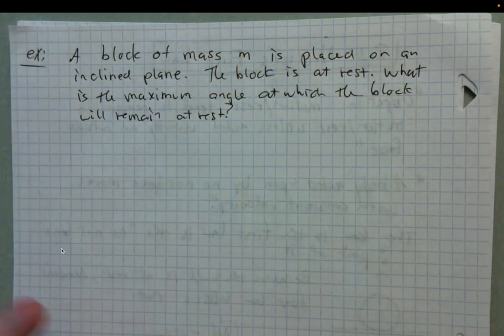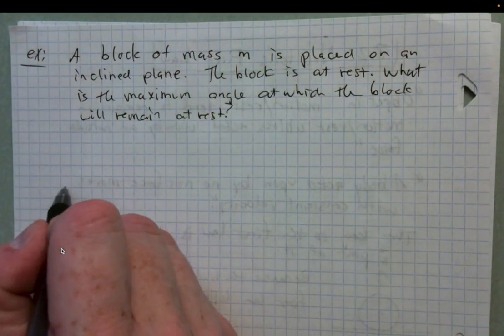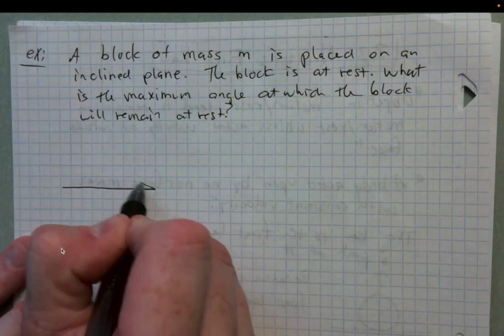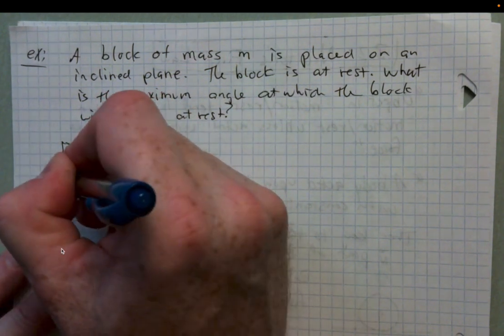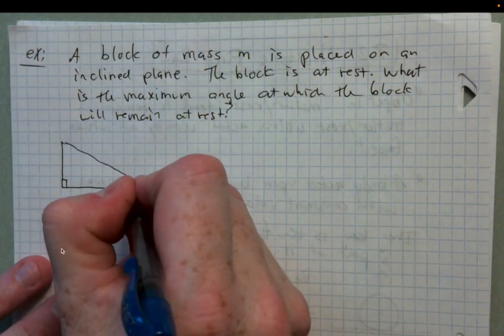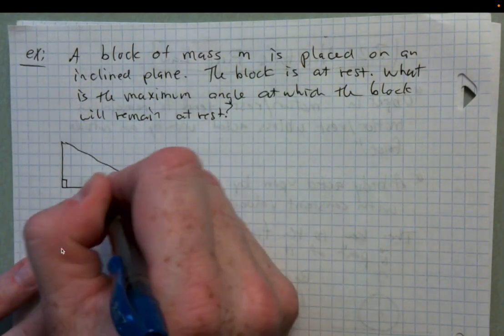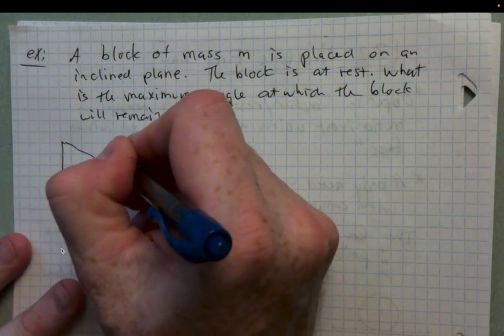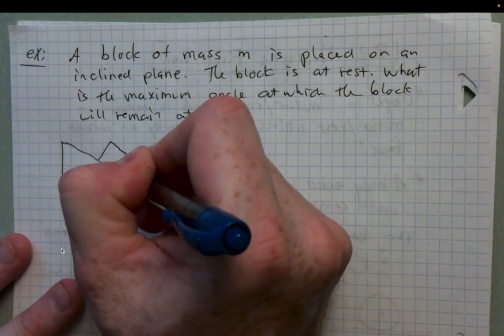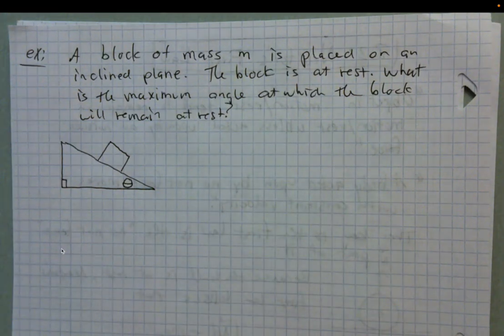So let's draw a picture here to kind of see what's going on. Maybe it's clear, but just in case it isn't, let's draw a picture. So I've got some kind of an incline here. All right, so like a right angle there. And there's some angle here which describes how steep this incline is. And now sitting on this incline, I have a block of mass m.